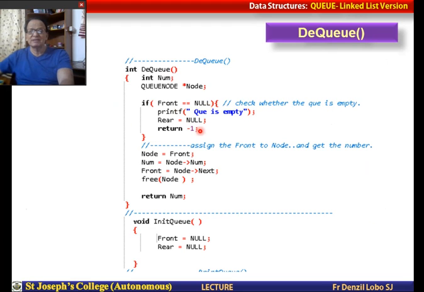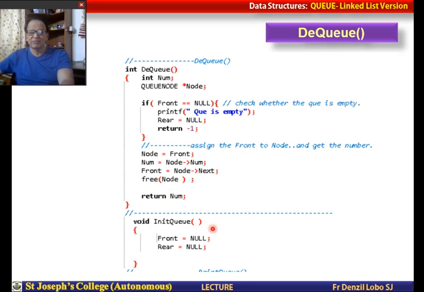If the front is null, then the queue is empty, make rear also null. Otherwise, make the front the node, remove that number and put it into number, make node next the front, and free that node. This node is freed, the front of this list is released, and you get also the number.